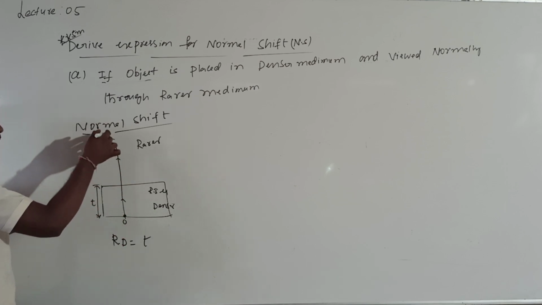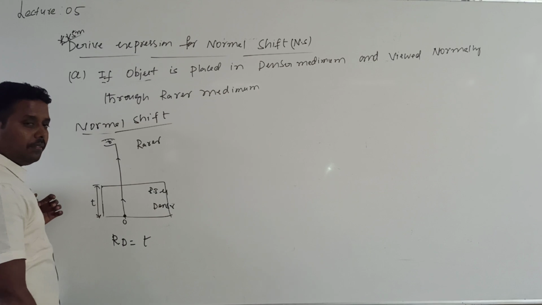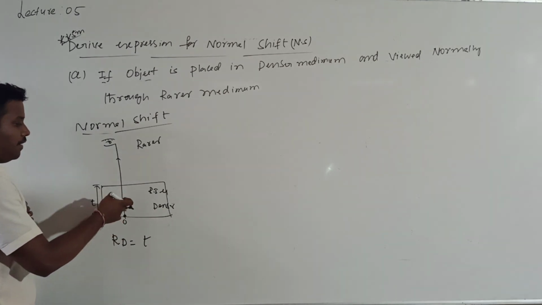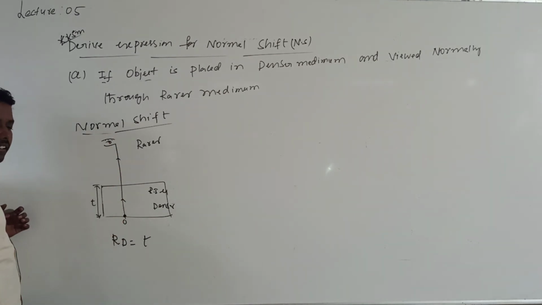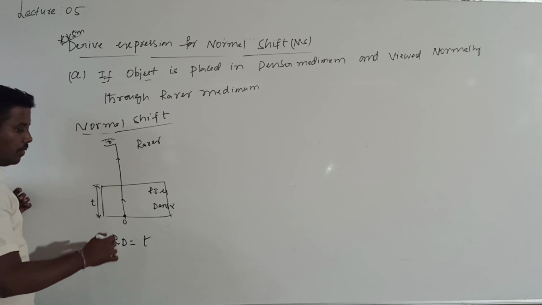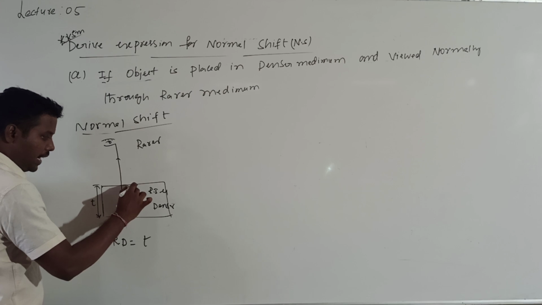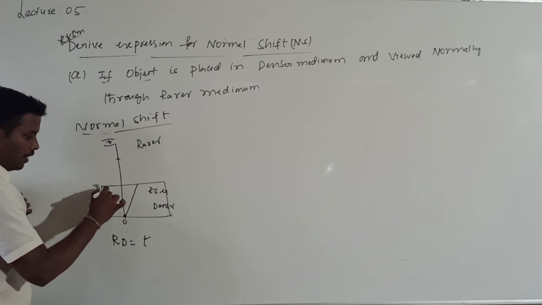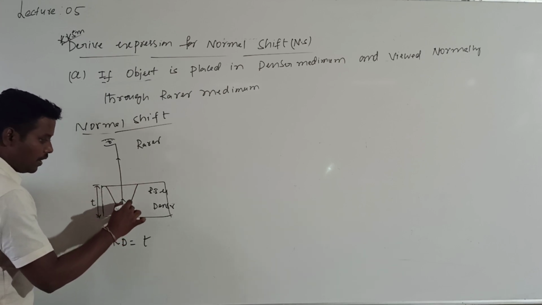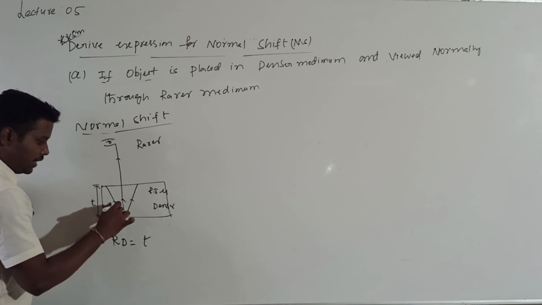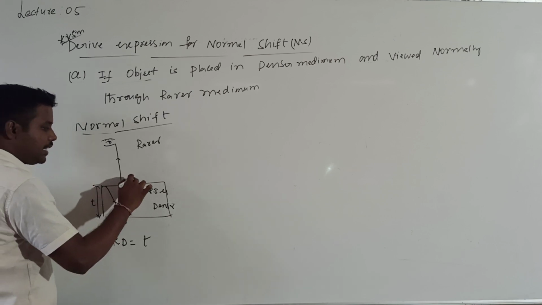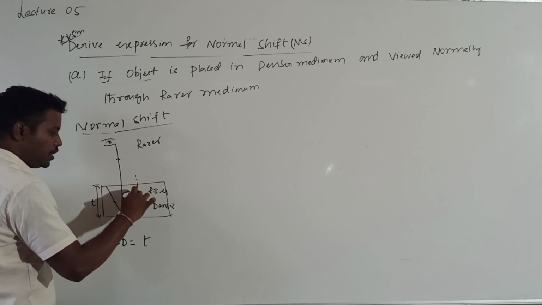Whenever a light ray is incident along the normal, you know that the light ray will travel without any bending. I value and R value are equal to 0. Let me consider one more light ray incident here and one more light ray incident here. In this case the light ray is traveling from which medium to which medium?